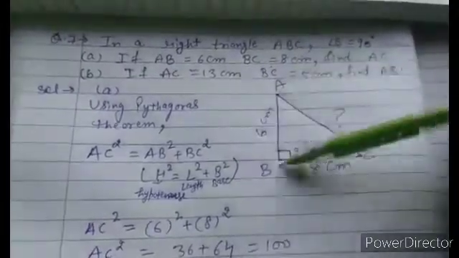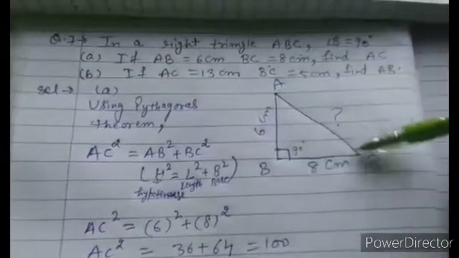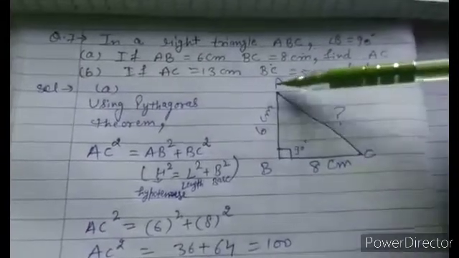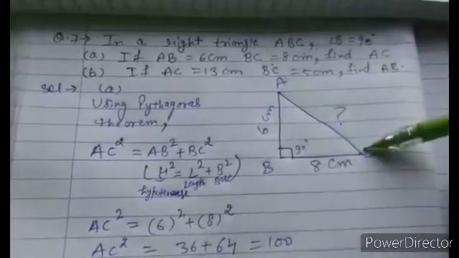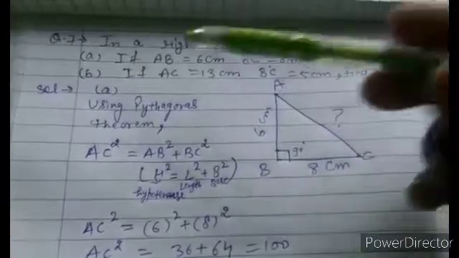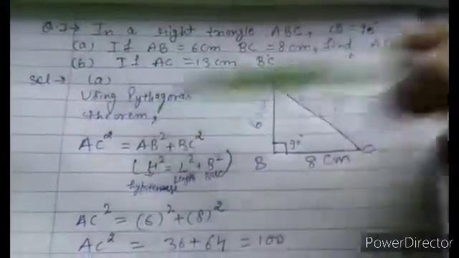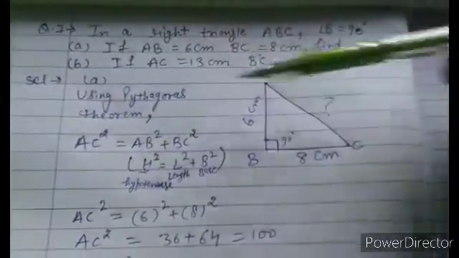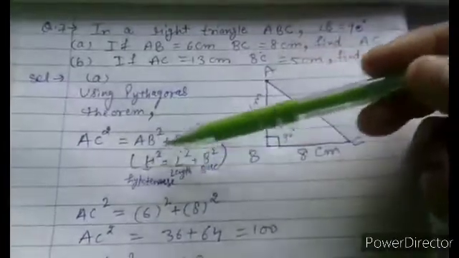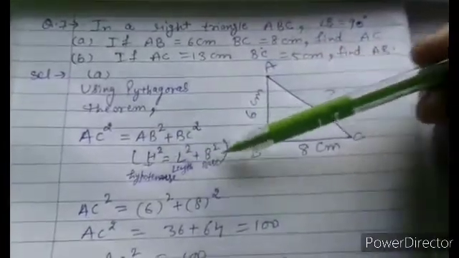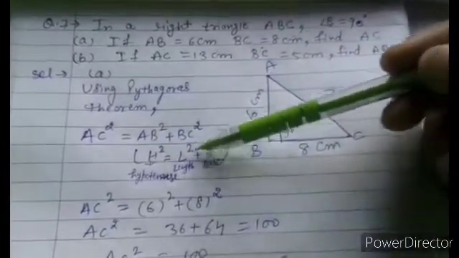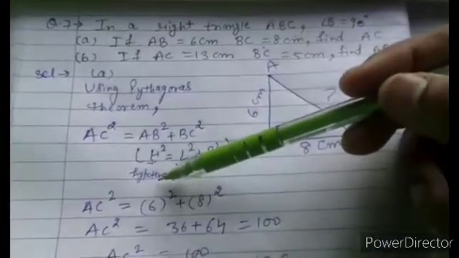So in a right angle triangle, the slant side is the hypotenuse, AB is length, and BC is base. So for A part we will find AC using Pythagoras theorem. This is the formula of Pythagoras theorem: hypotenuse square is equal to length square plus base square. B is base, L is length, and H is hypotenuse. So here hypotenuse is AC.